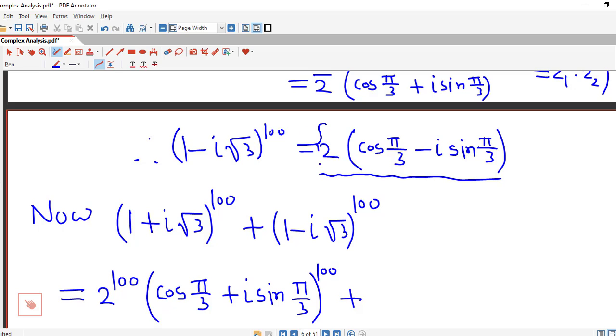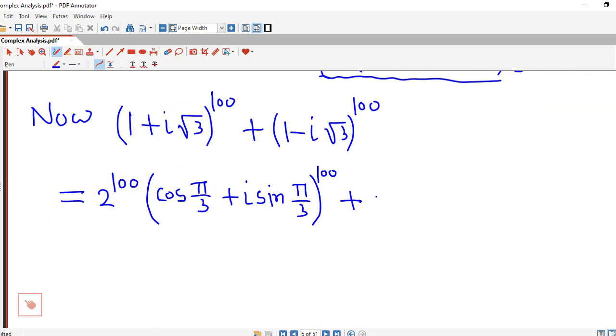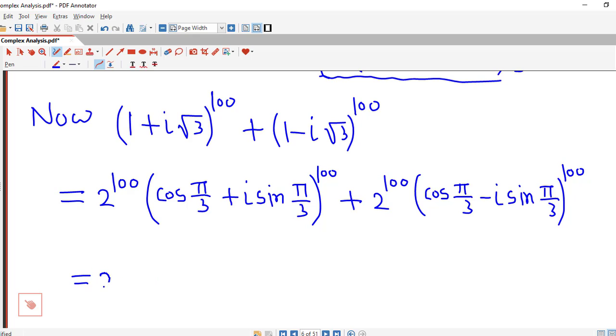So the 100th power of this will be equal to 2^100 into (cos π/3 − i sin π/3)^100. So here we write 2^100 (cos π/3 − i sin π/3) to the power 100.